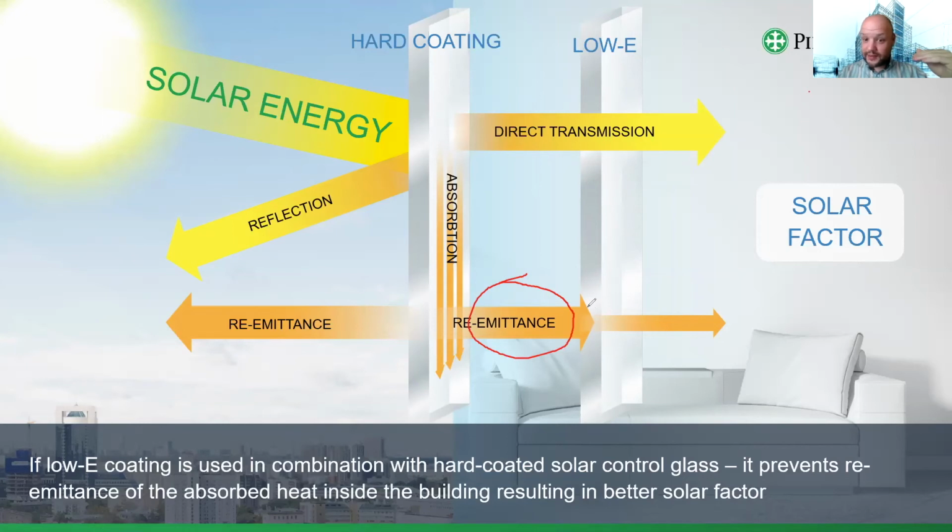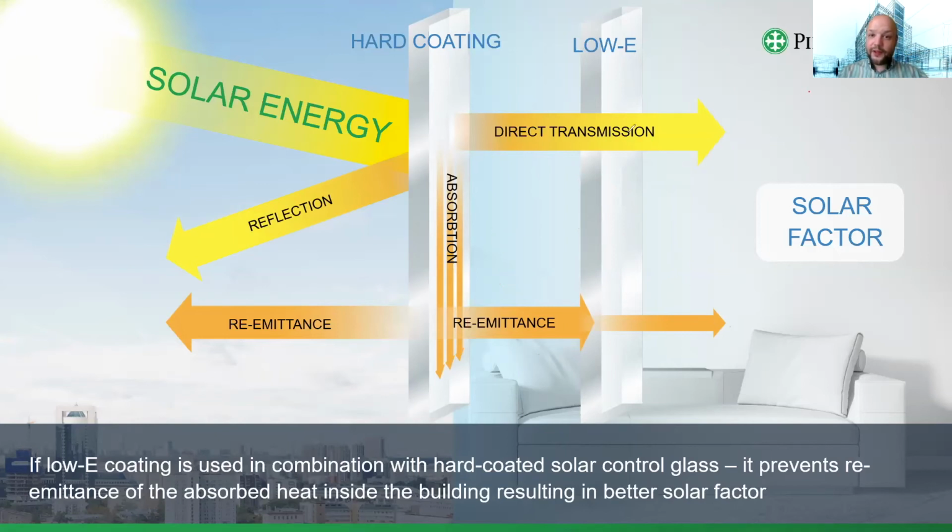So what it does, if you have the coating right here, is reflect it back. So the amount of this type of heat which comes through is much reduced if you put low E glass there.